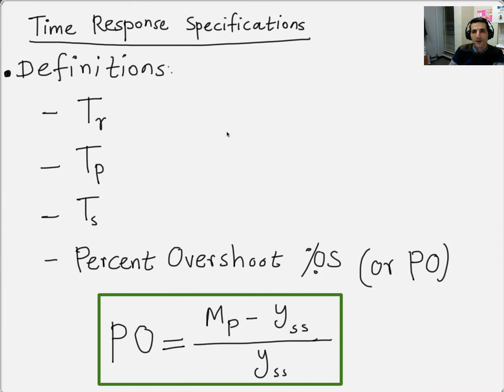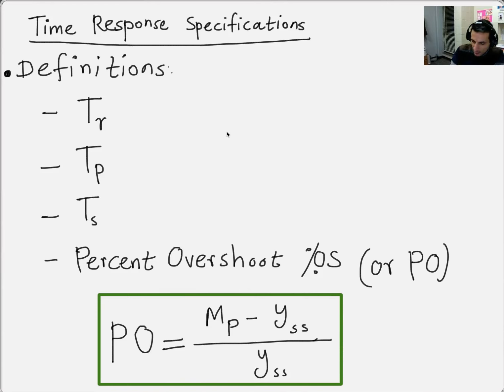So I have already defined TR, the rise time, TP, the peak time, and TS, the settling time. I also defined MP and YSS. But often, instead of using MP and YSS by themselves, we use something else, which is called the percentage of overshoot.